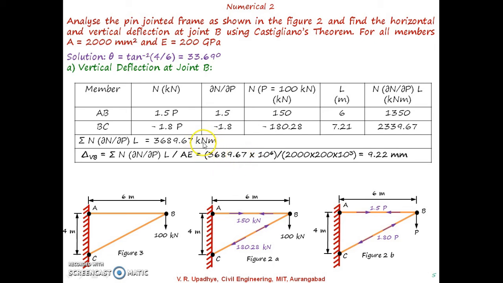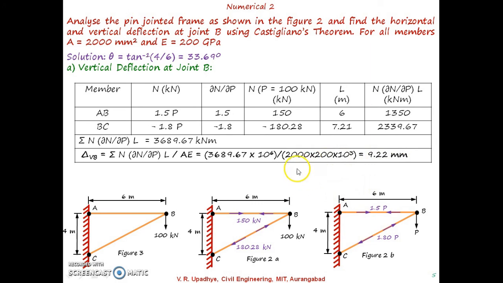So that is converted into Newton mm by multiplying it by 10 to the power 6, divided by the area of cross section, that is given as 2000 millimeter square for both the members, and the Young's modulus is given as 200 gigapascal. So that is again converted to megapascal. If we calculate this completely, then we get the vertical deflection at joint B as 9.22 millimeter.